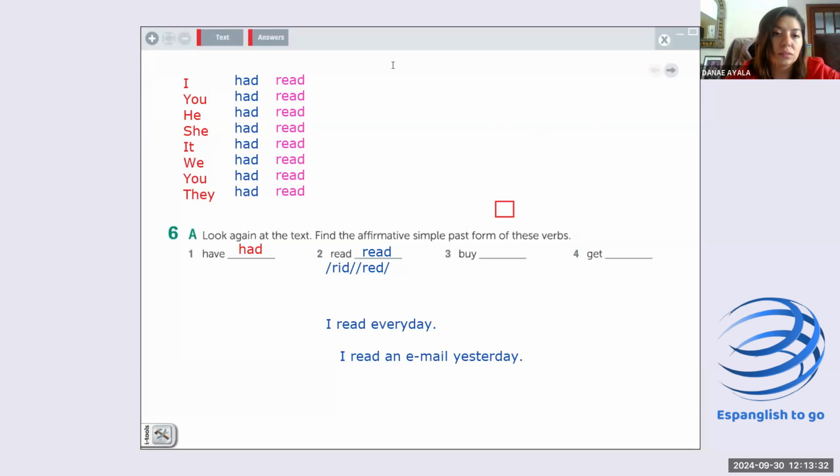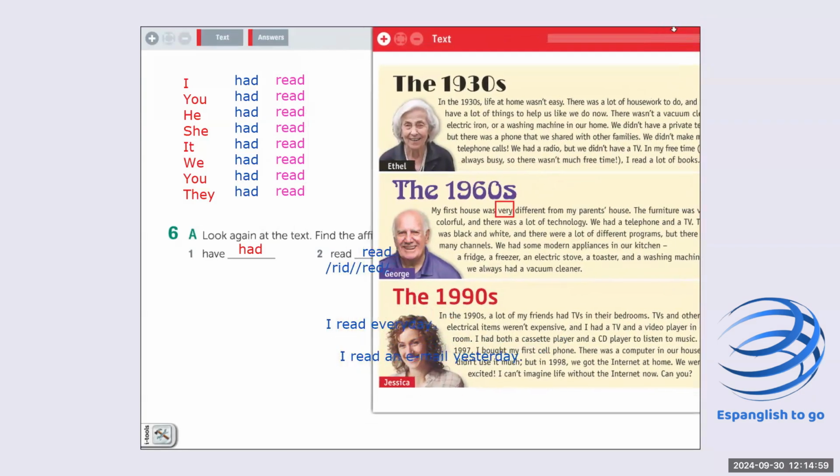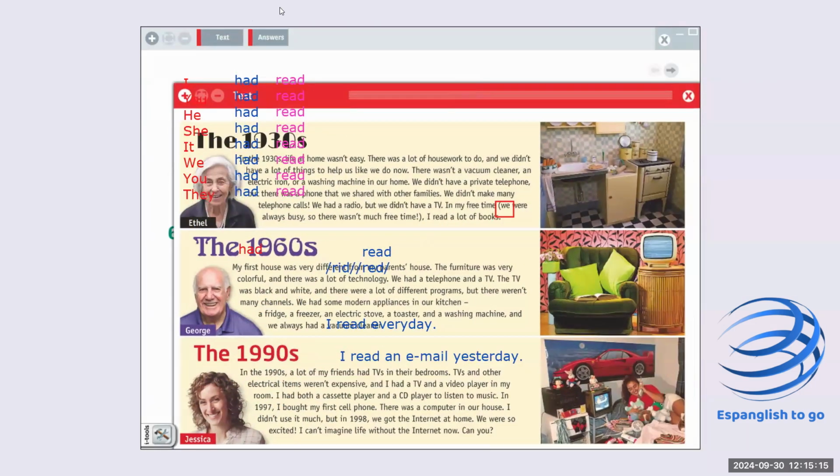Now look for the past form of buy, please. Busy? No, it's not busy, it's an adjective. Look for another. Good try. No, it's in the third part. Bought? Yes, exactly.